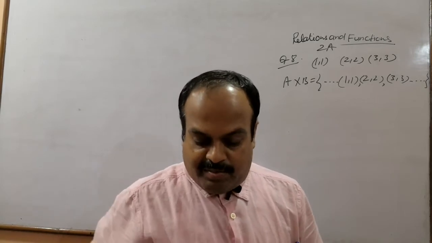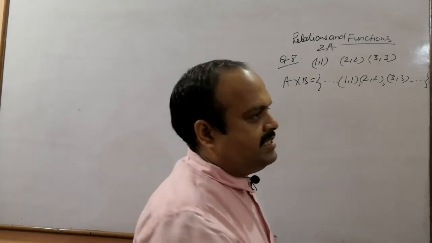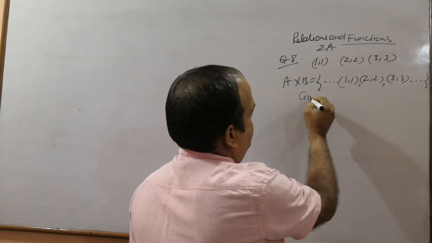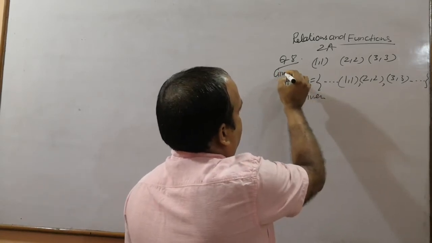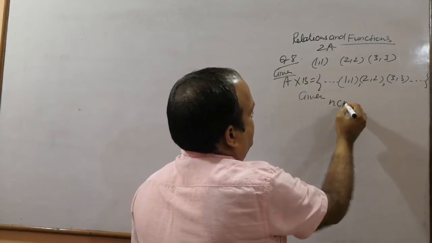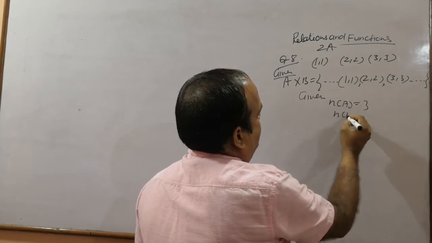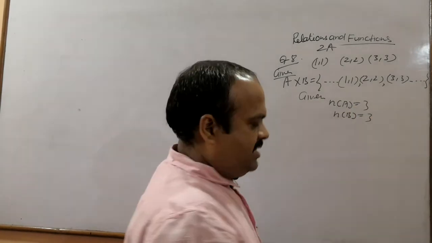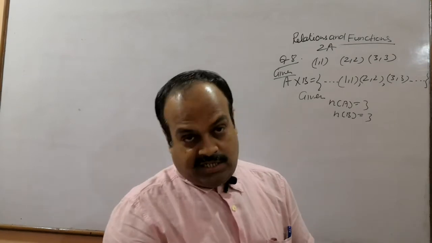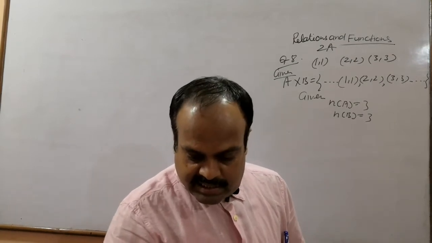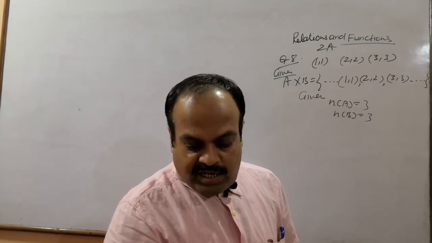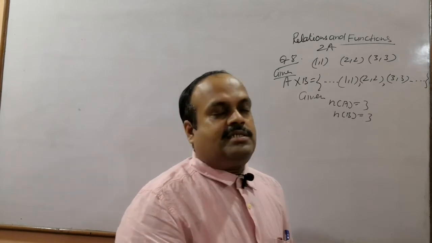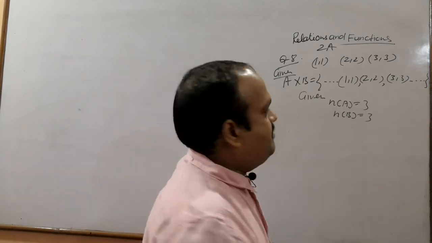If A and B have 3 elements each, it is given that the cardinal number of A is 3 and the cardinal number of B is 3. How many elements in all does the set A cross B have?